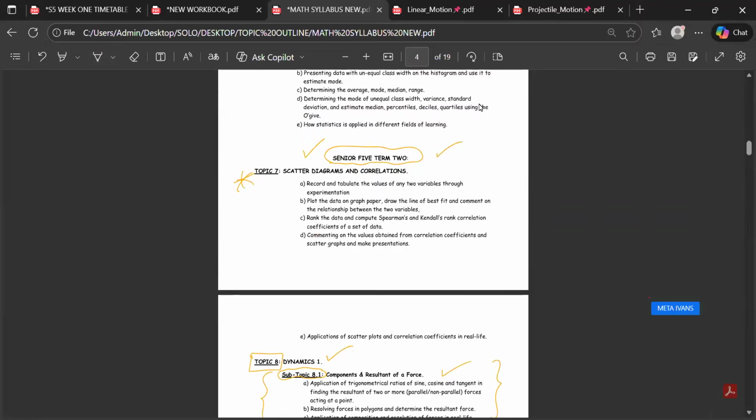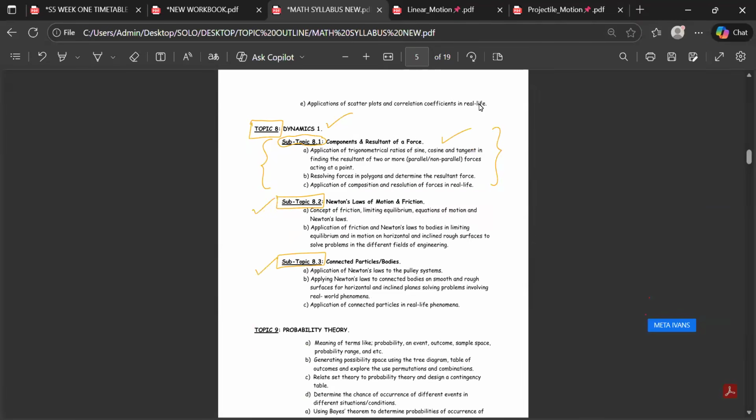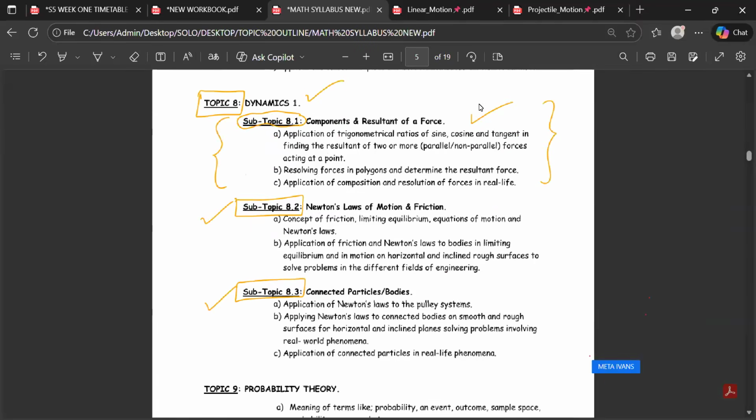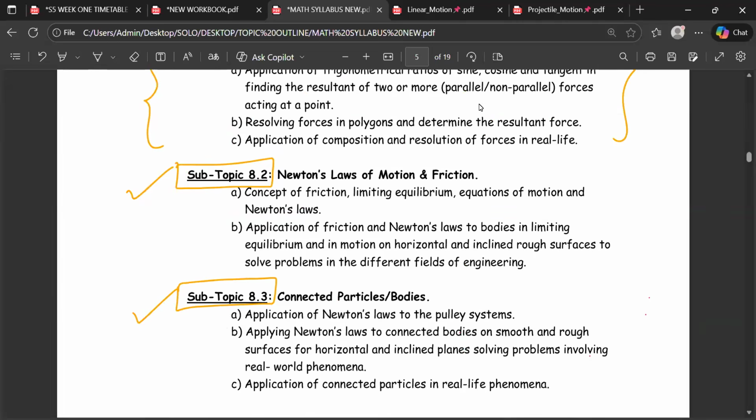So just briefly back here, we have friction, limiting equilibrium, equations of motion, and Newton's laws. And then after, they want immediately the application of friction. So basically under this topic, they concentrate on friction. But we are supposed to cover some sorts of motion before we go into projectile.